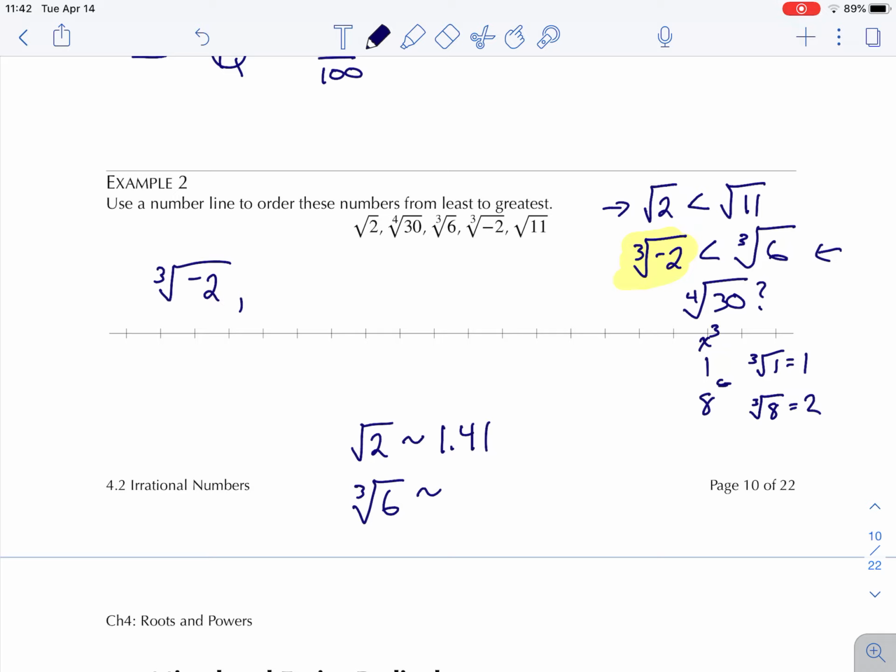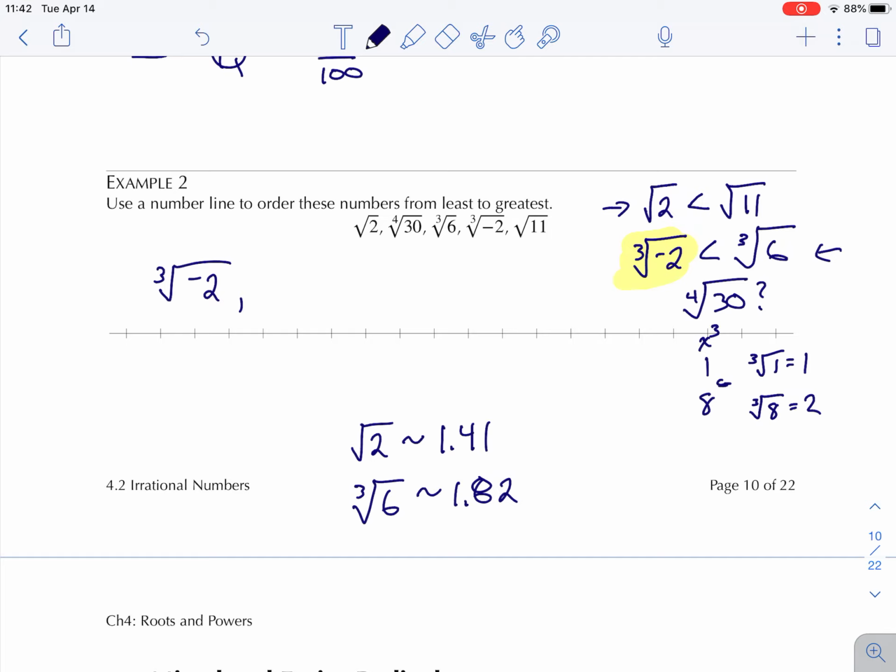So the cube root of 6 has to be between 1 and 2. And because it's closer to 8, it's going to be closer to 2. I'm going to guess 1.6. Now, I can't guess accurately enough to tell for sure, so I'm going to have to go to a calculator and do a decimal approximation. It's actually 1.82. So we know that the square root of 2 is smaller than the cube root of 6.